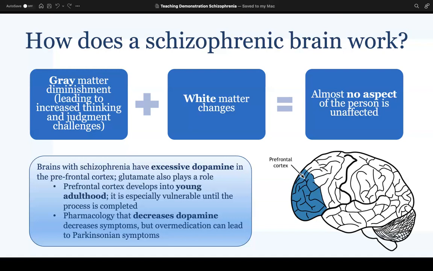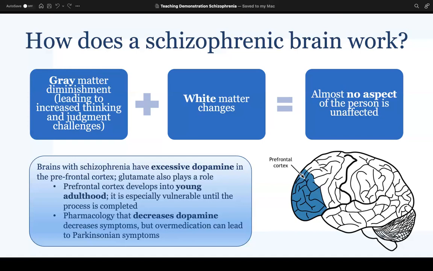So pharmacology that decreases dopamine decreases symptoms, but overmedication can lead to Parkinsonian symptoms. So what does that mean? It means that on one end of dopamine, you have schizophrenia, and on the other end of dopamine, you have Parkinson's. So that should tell you that the symptoms of this disease are mediated very much by dopamine, right?